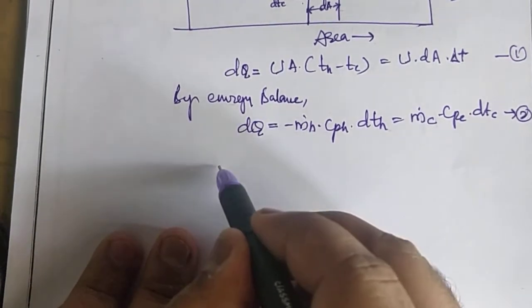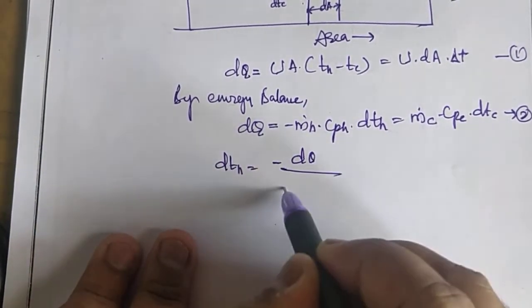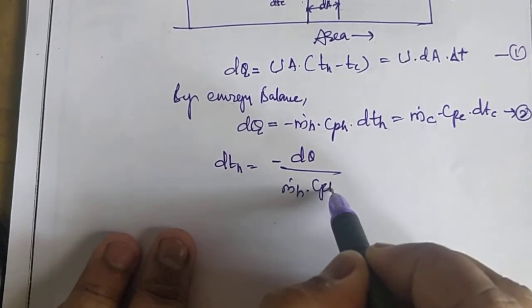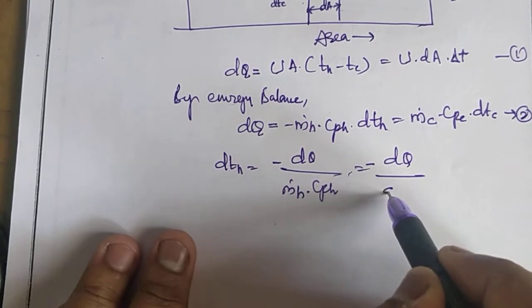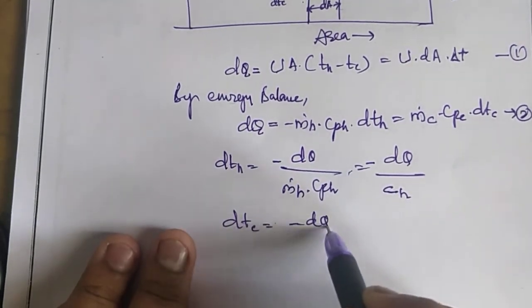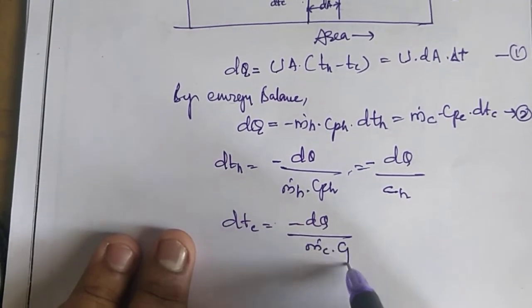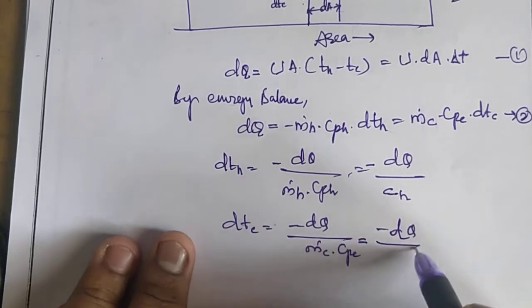We can write dTH is equal to minus dq by mH CpH, that is minus dq into 1 by CH, and dTC is equal to minus dq by mC CpC, that is minus dq by CC.